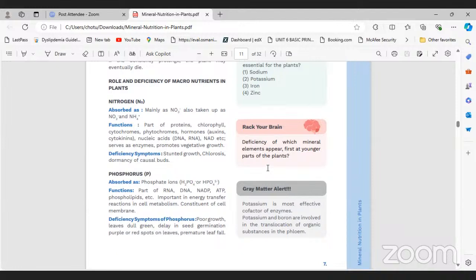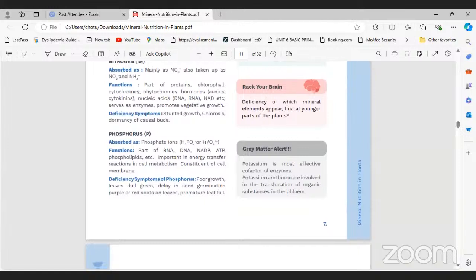These are the functions. What are the deficiency symptoms? Nitrogen is very mobile and is therefore translocated rapidly to the younger leaves. This is why deficiency symptoms appear first in older leaves.